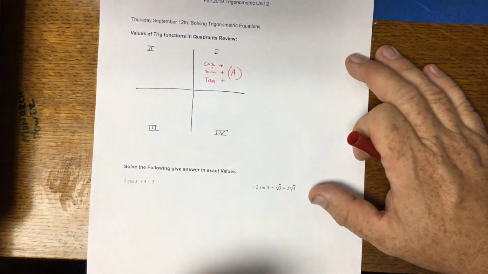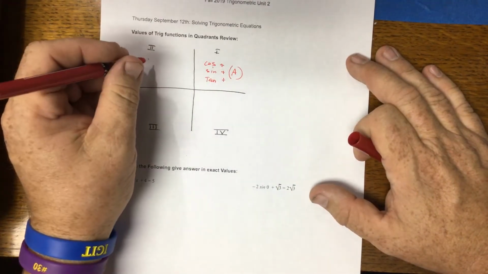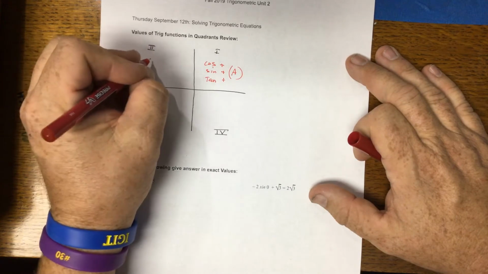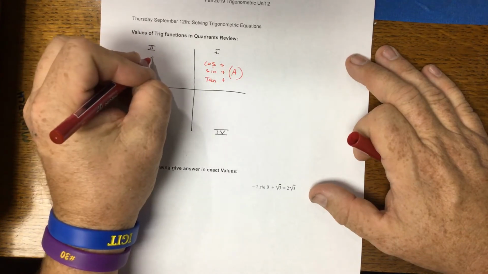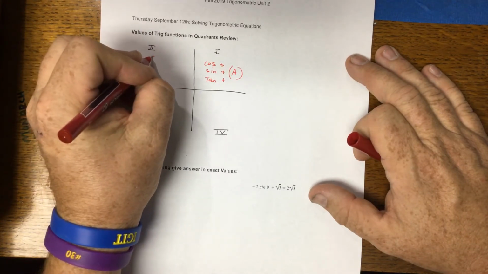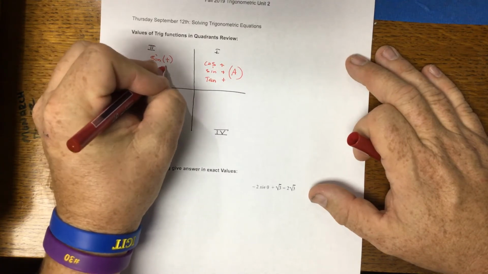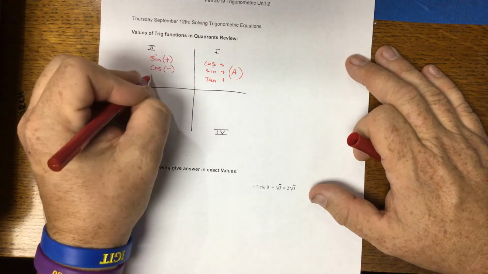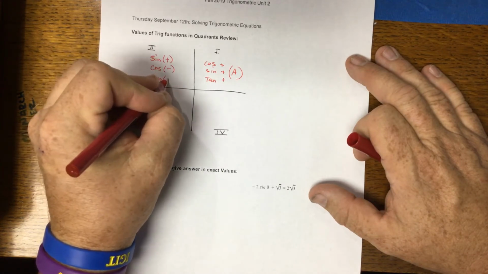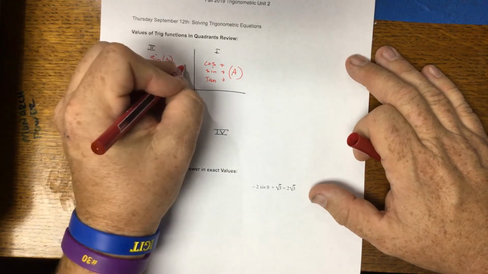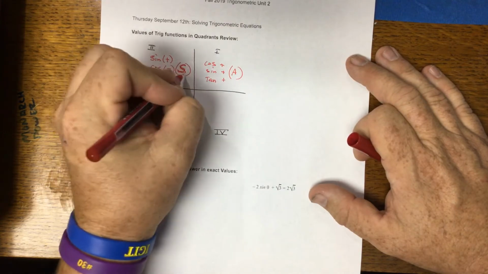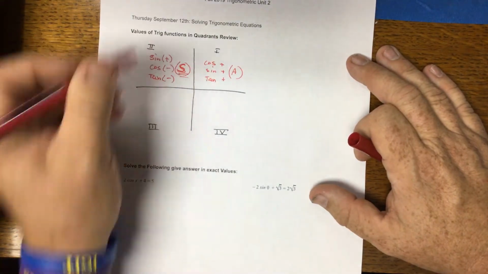So all of them are positive. And then if we look in here, sine is positive, cosine is negative, and tangent is negative. So only sine is positive.